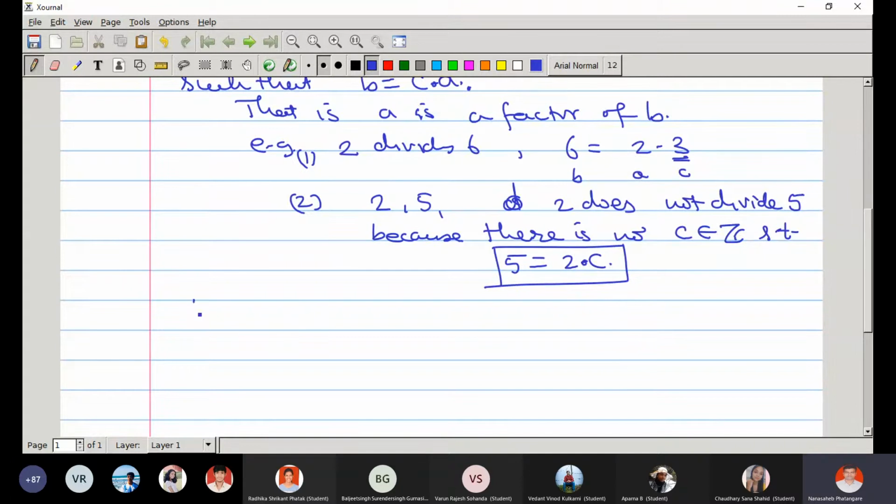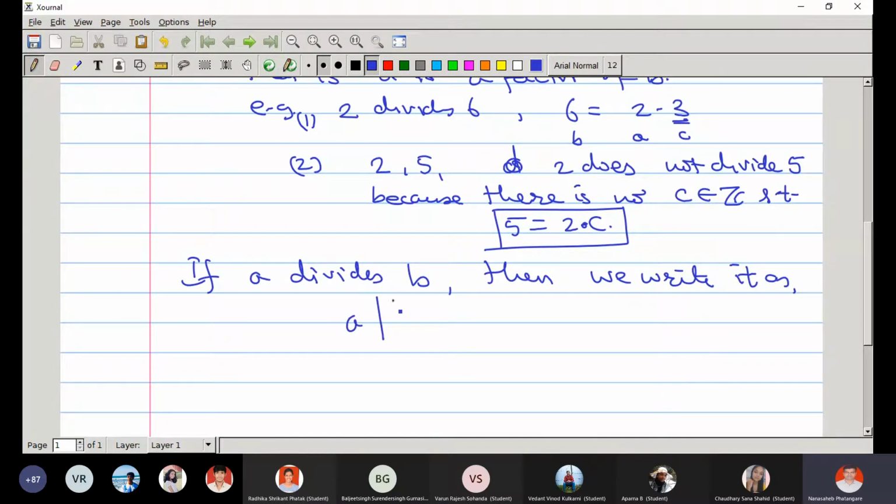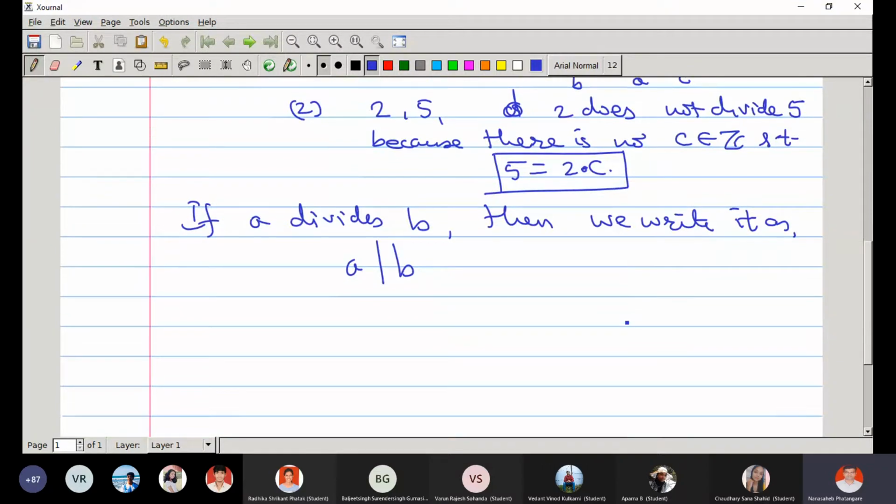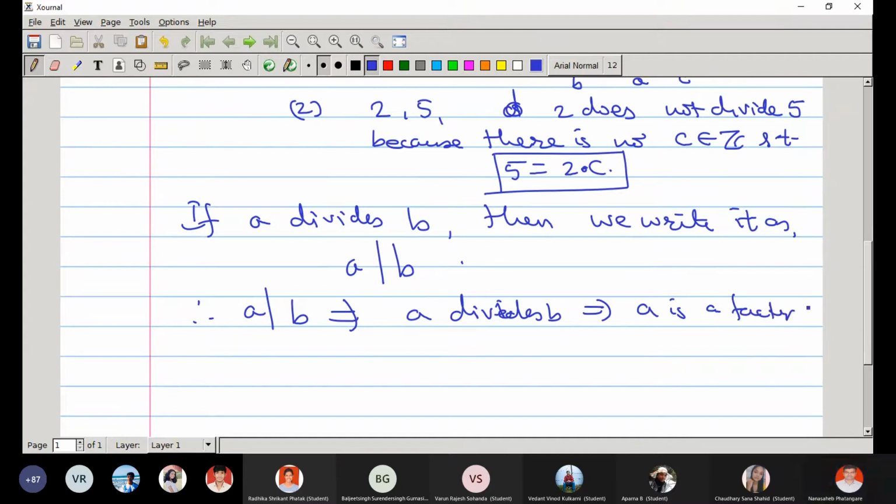If a divides b, then we write it as a | b. This is a vertical line, not a slanting line or a horizontal line. What is the meaning of this? a divides b means a is a factor of b.